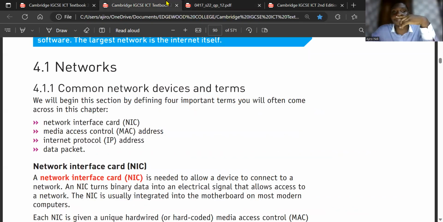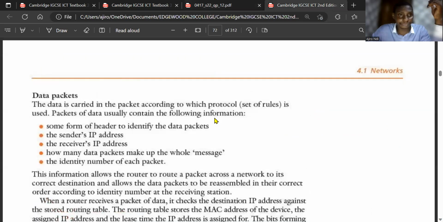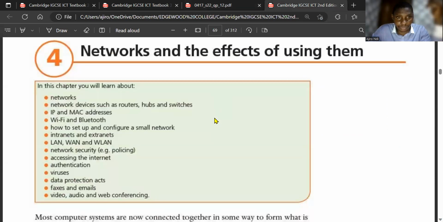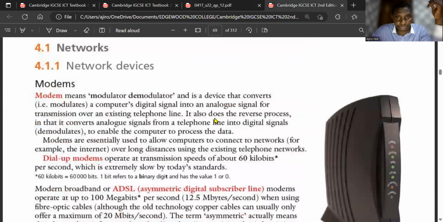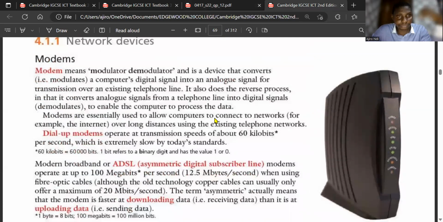Where is it? Let me show you. Can you see it? It does the reverse process in that it converts analog signals from a telephone line into a digital signal, demodulating to enable the computer to process data.